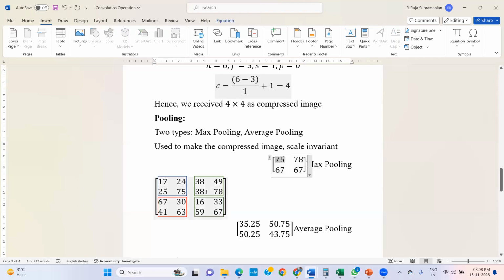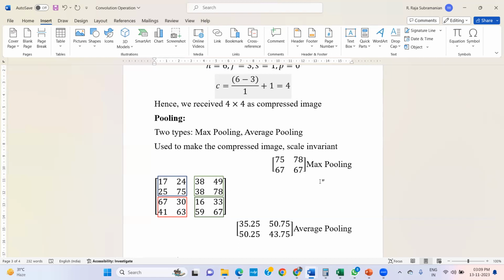Similarly, 38, 49, 38, 78, I go with 78 as the max value. 67, 30, 41, 63, I find 67 is the maximum, so I put 67 for that window. Similarly, 16, 33, 59, 67, I find 67 is the max value, so I put 67. I hope you now clearly understand that for each window, I'm taking the maximum available pixel. That is why it is called max pooling.